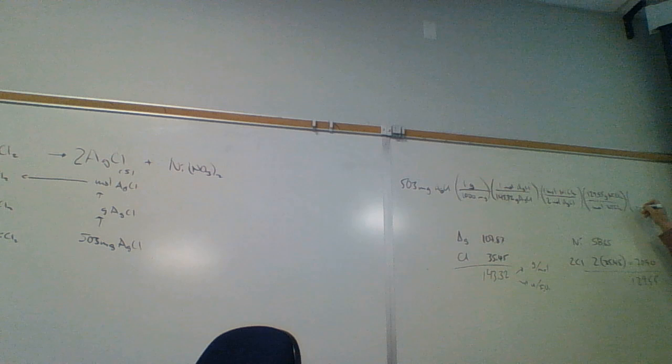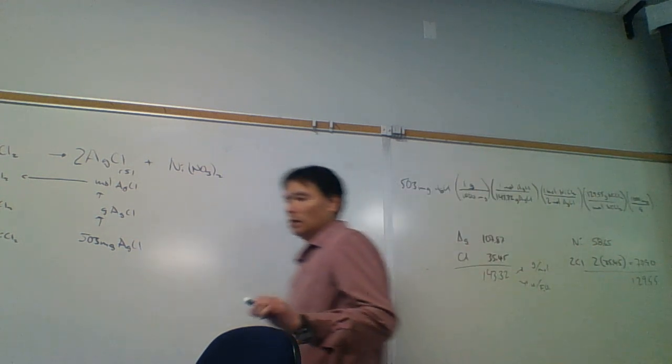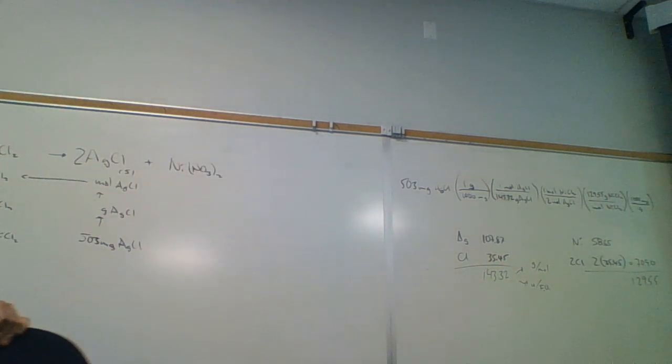Okay, then we want it in milligrams. They're asking for milligrams, so we'll just convert it. 1,000 milligrams per gram. All right, we'll just make sure that the units work out, and then I can calculate the number here.